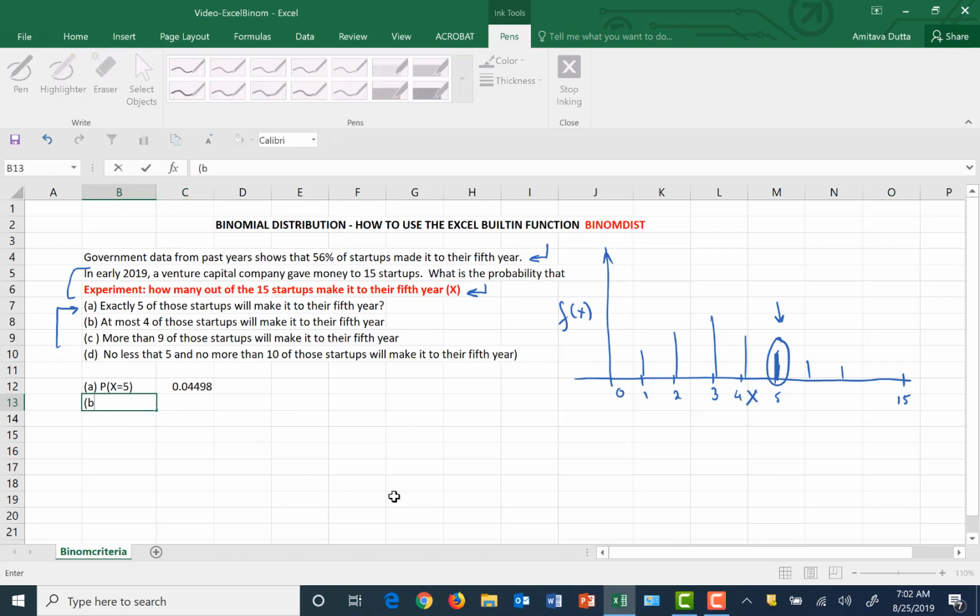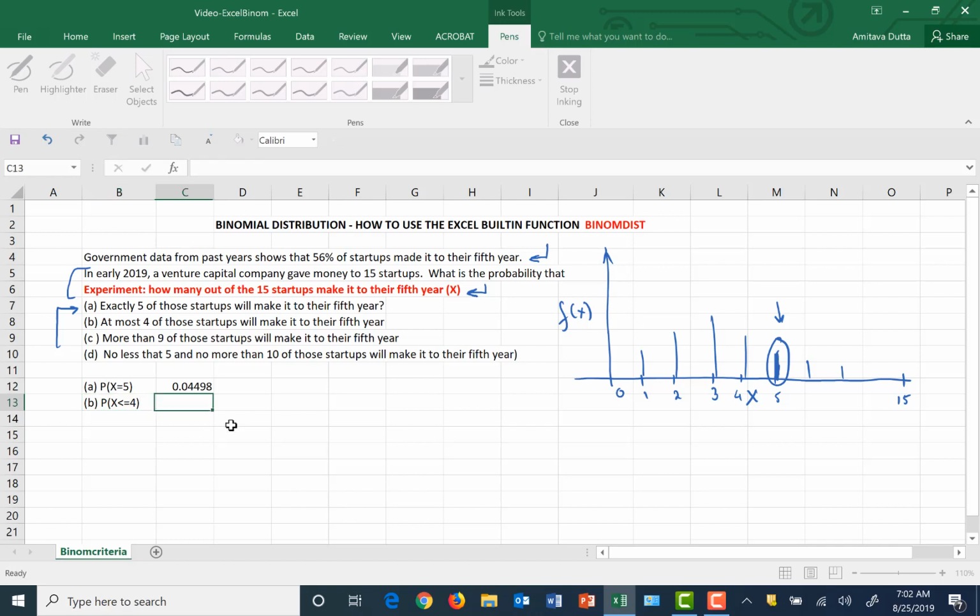Now let's look at part B. It says at most 4 of those startups will make it to the 5th year. In shorthand notation, what we're looking for is the probability of x less than or equal to 4. So at most 4.